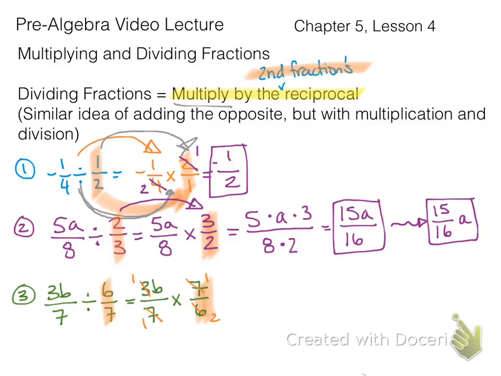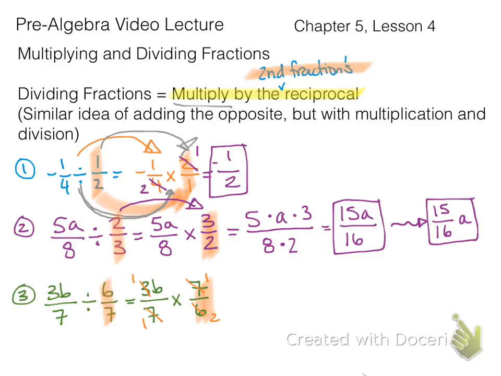Now see how I'm not including the b in that simplifying? That's totally okay. That b doesn't go into anything but itself, and there's no other b's to simplify. But as long as b is being multiplied by a number over here, we can simplify it. Okay? All right.